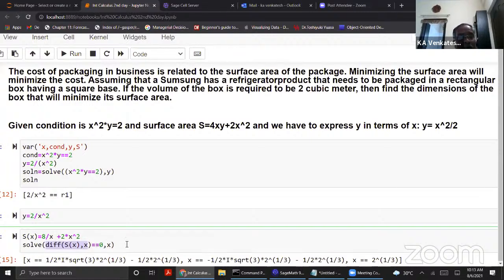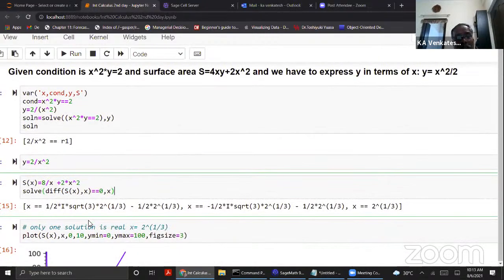To find the turning point or stationary point, we use this. The moment you do this, you'll get this part. I'll stop here so you can type it and verify: are you getting the same value?